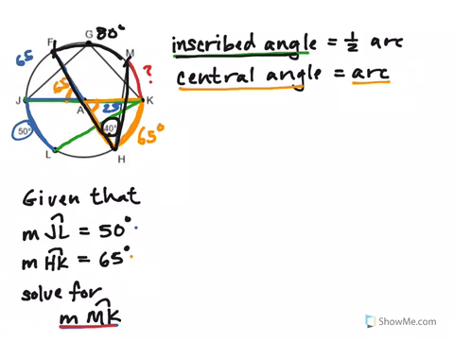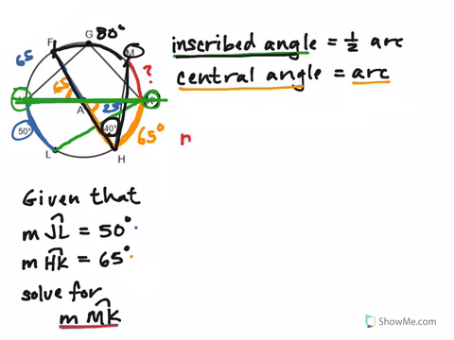Now we can get at this piece here from M to K, because if A is the center of the circle, that means that this line here is a diameter. If that line is a diameter, we know from this point to this point is 180 degrees.